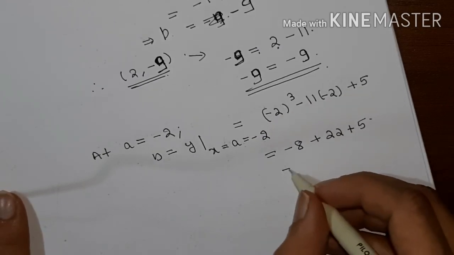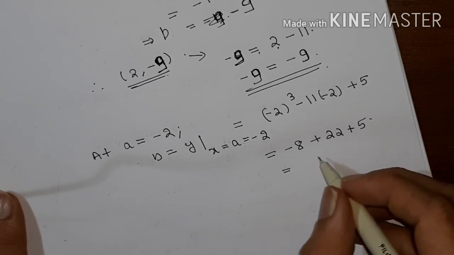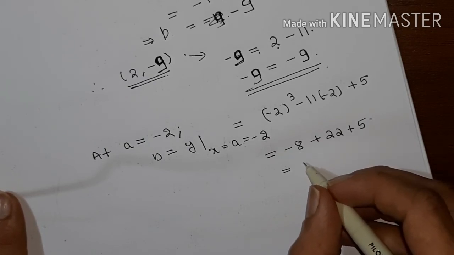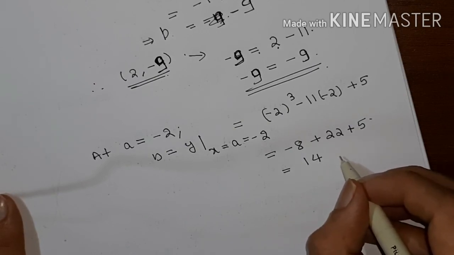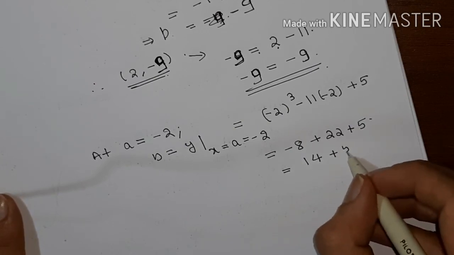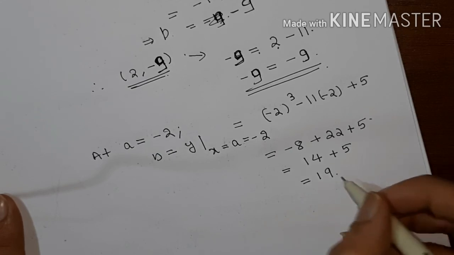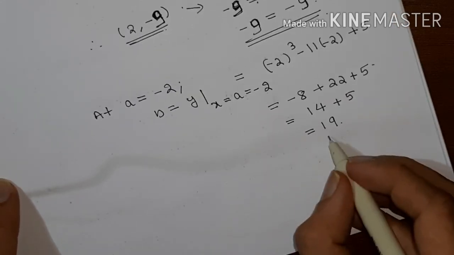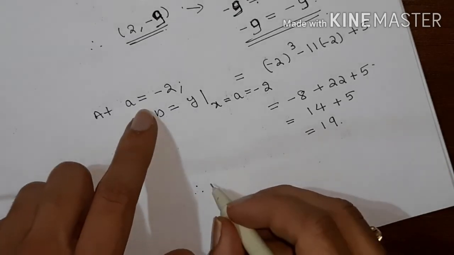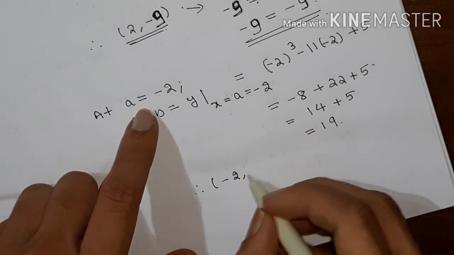Minus 8 plus 22 is 14, plus 5 is 19. So the point is (minus 2, 19).